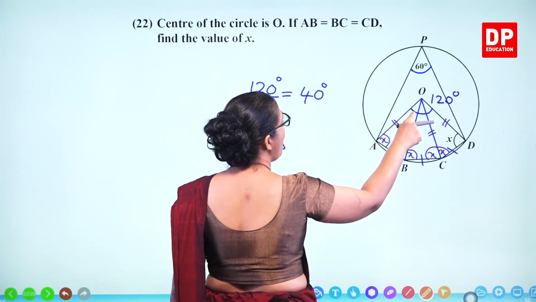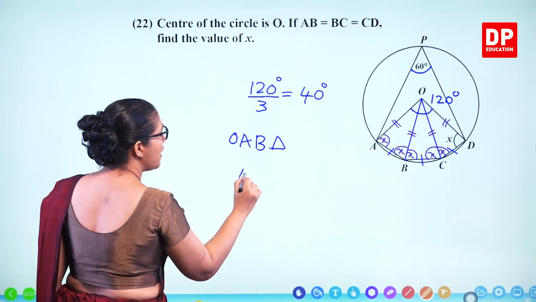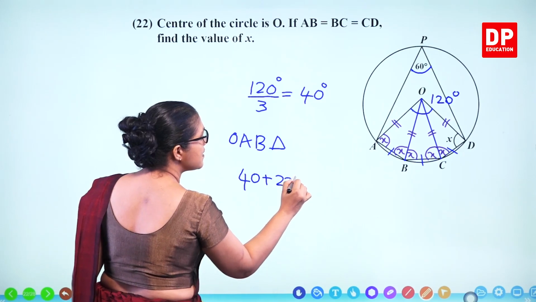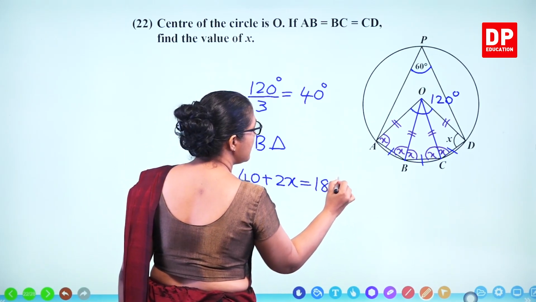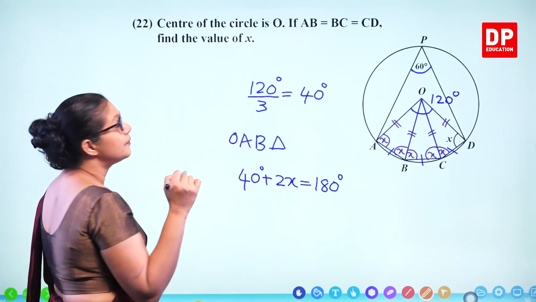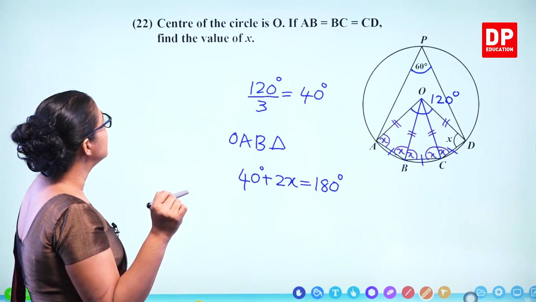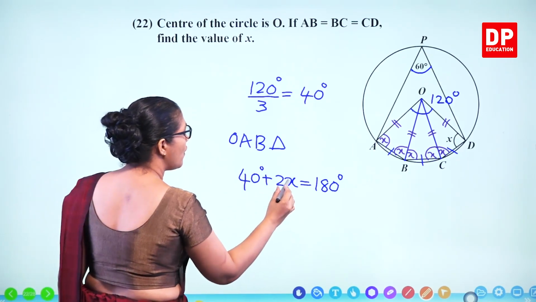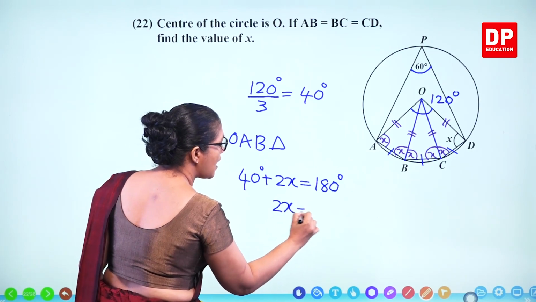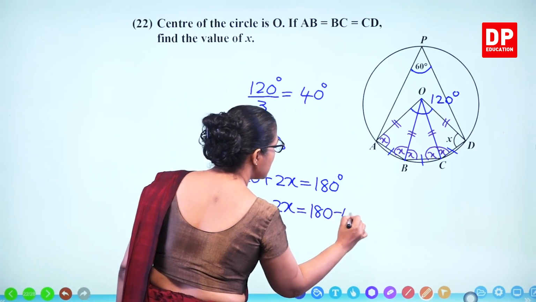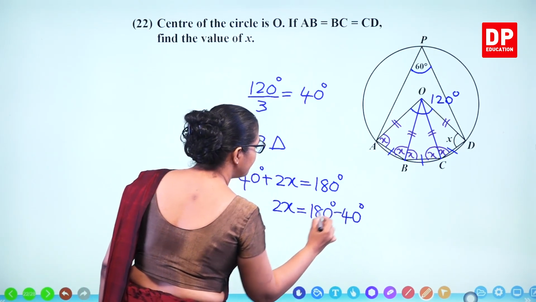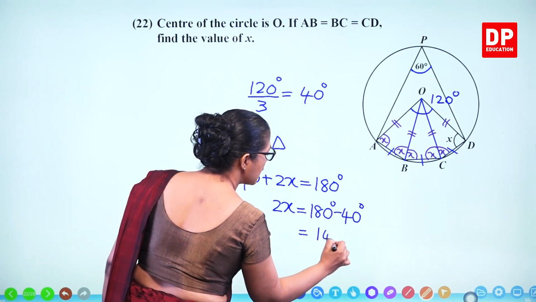One angle is 40 and 2x. So you can write 40 plus 2x is equal to 180, sum of angles in a triangle. Now you can solve for x. 2x becomes 180 minus 40. That becomes 140.